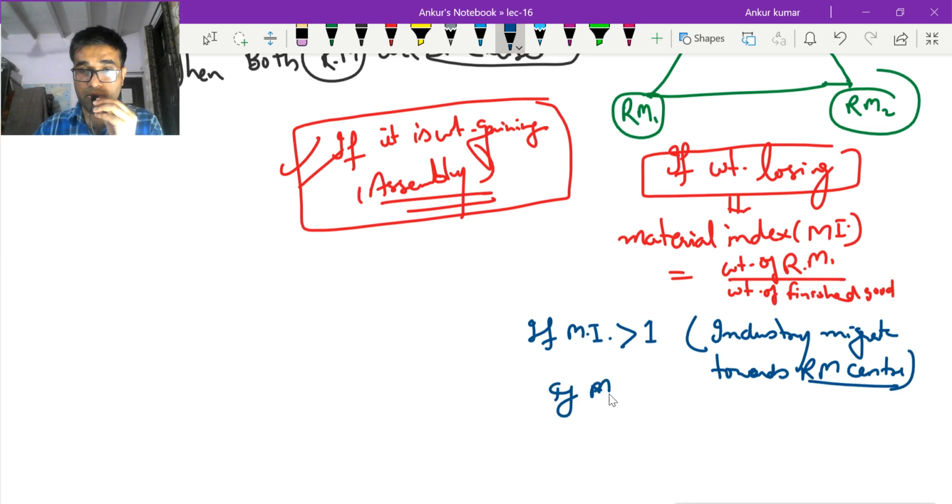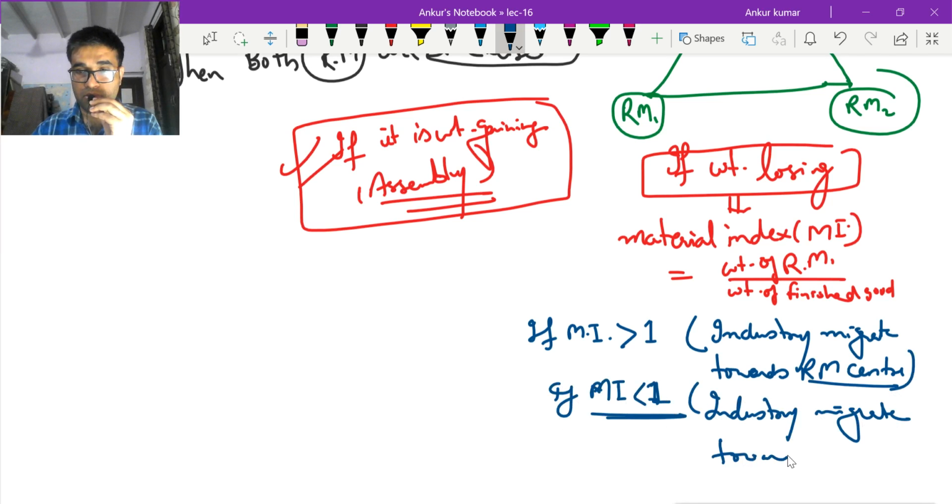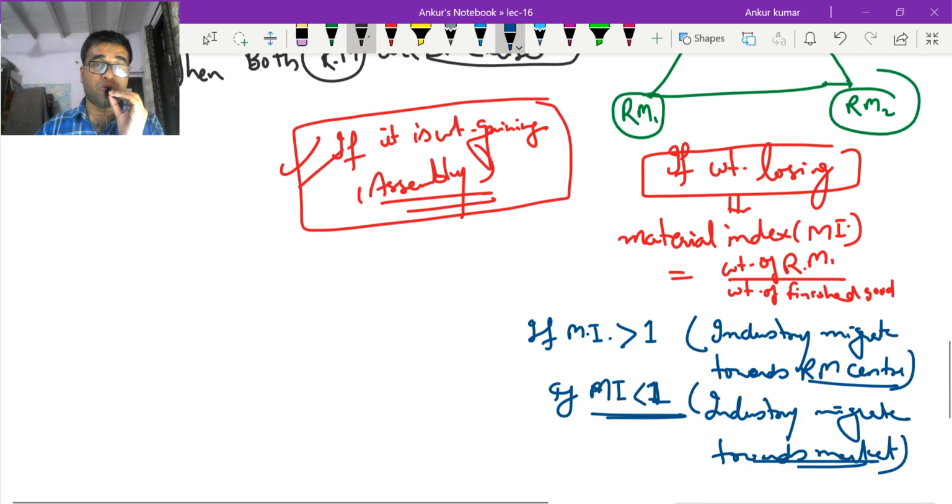And if the material index is less than 1, then industry will migrate towards the market, right?